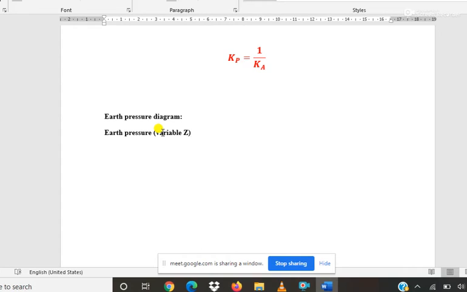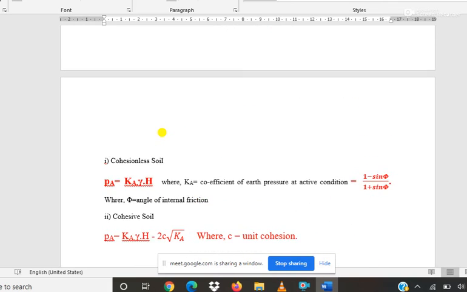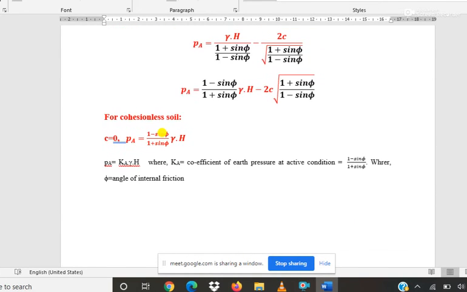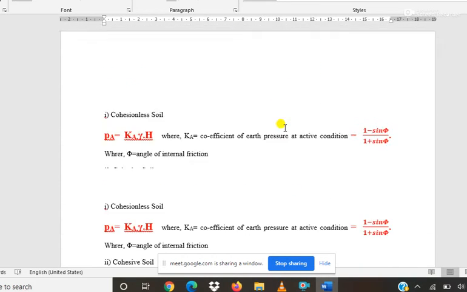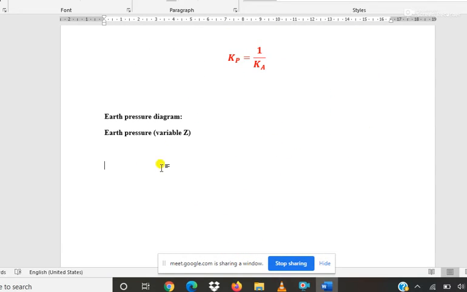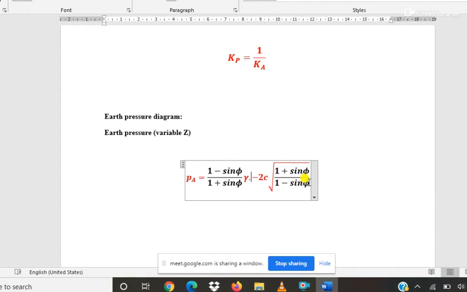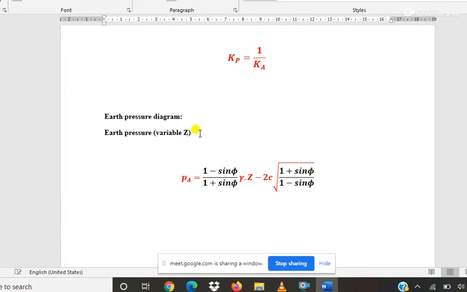This z is nothing but the depth of soil, and first I'm considering the active earth pressure, where this h is actually replaced by z, and z is here the variable, and z is nothing but the depth of soil from backfill surface.